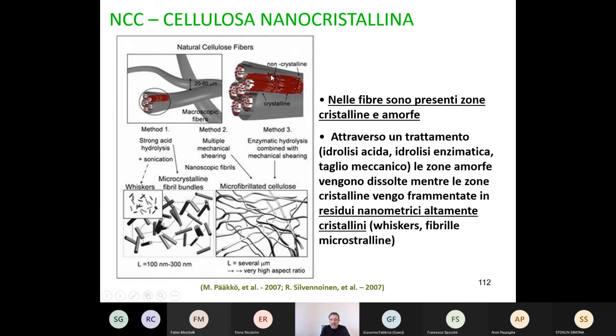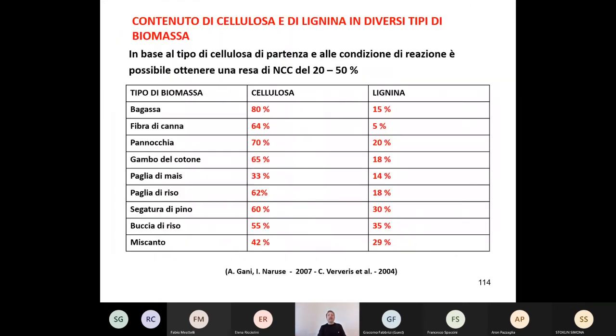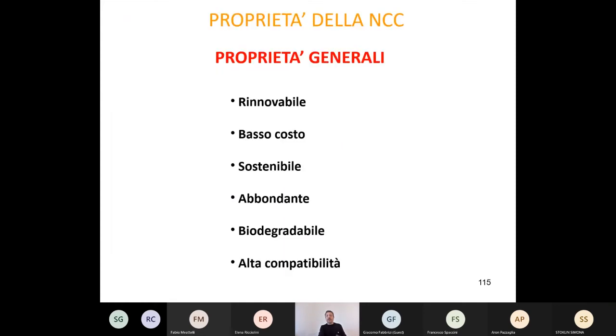So if you find the way to extract nanocrystalline cellulose, to separate this product from the other part, you can use it for a lot of applications. I just said to you the reinforcement, but for example, I jump to applications. Okay, I can't jump so much.